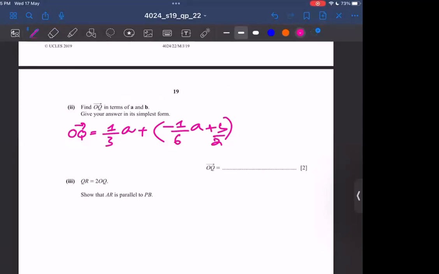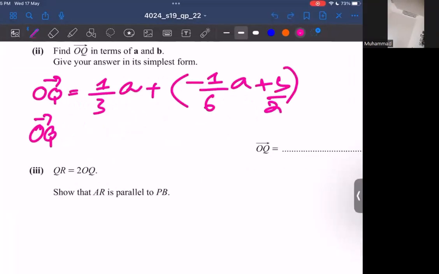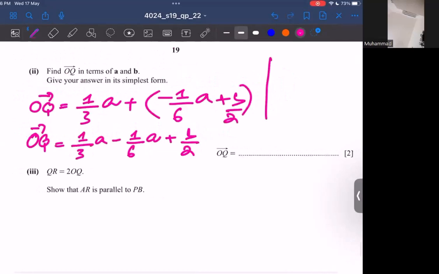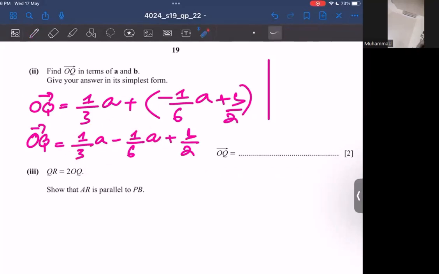Now this plus minus becomes minus (1/6) of A plus B/2. So you can subtract these two values. 1/3 of A minus 1/6. You can use the calculator as well, or you can use the LCM.